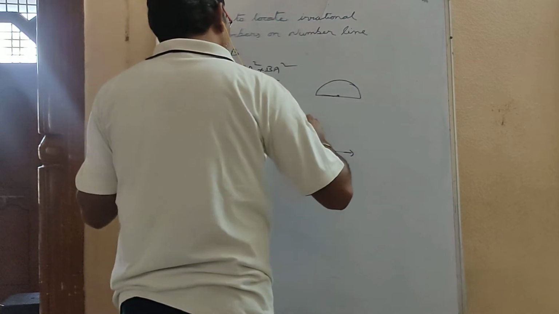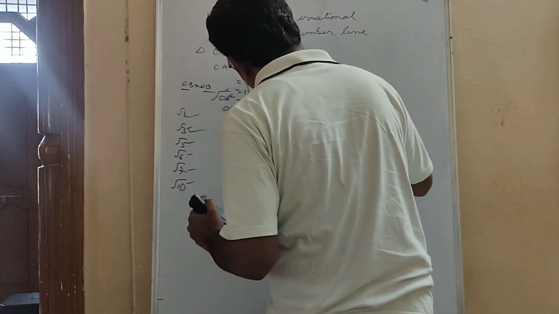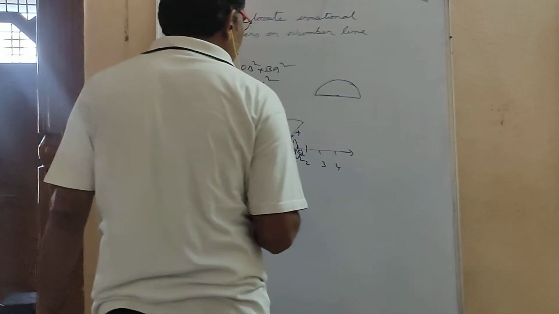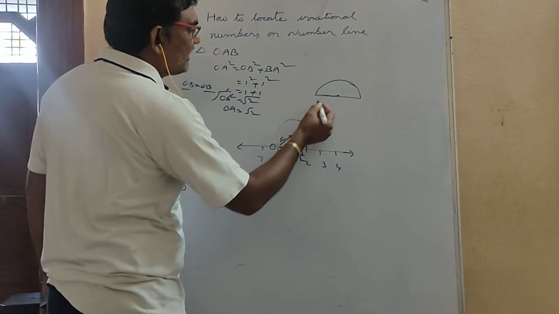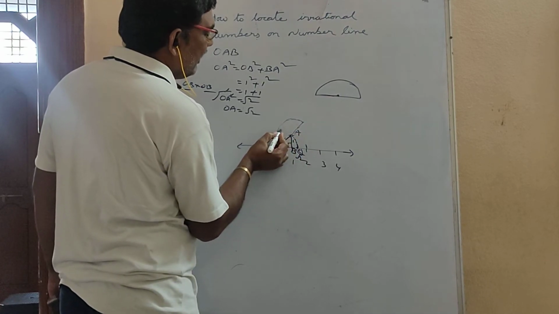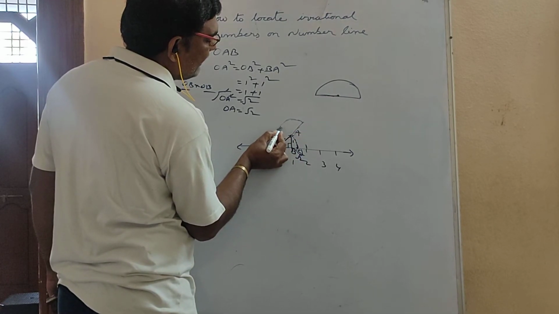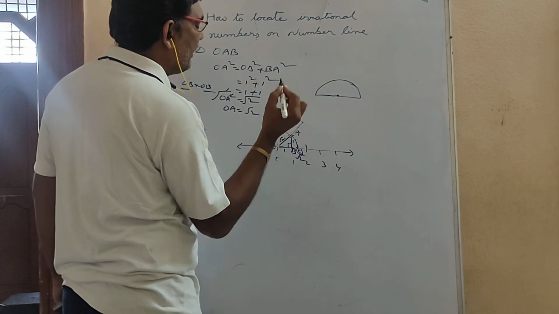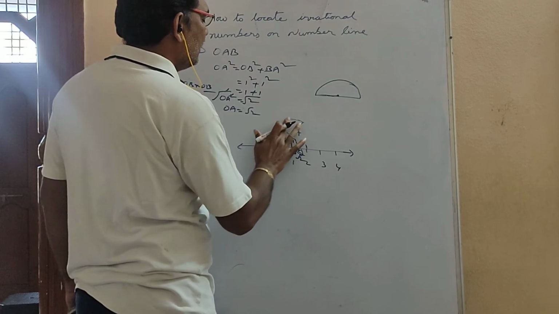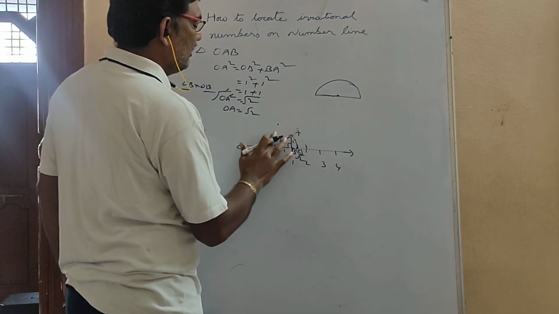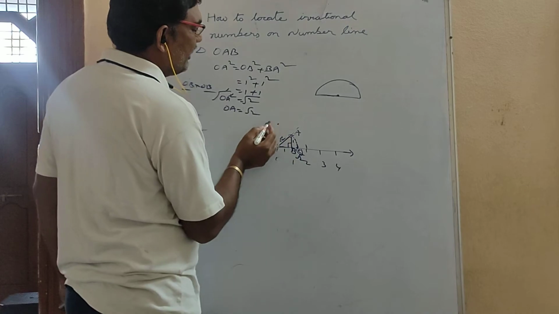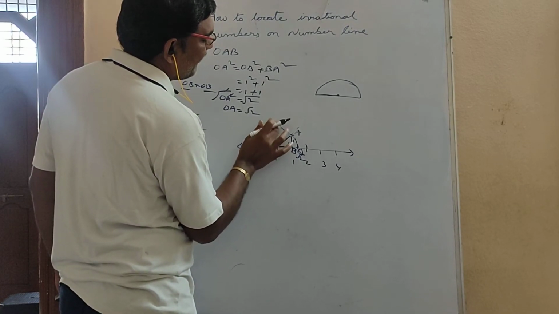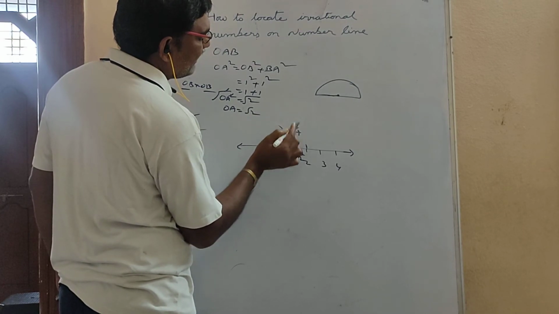Then the protractor will be like this. So this line is coinciding with OA, and exactly 90 degrees will be there. So keep a point here and remove the protractor. Now if you join, you will get a line like this.